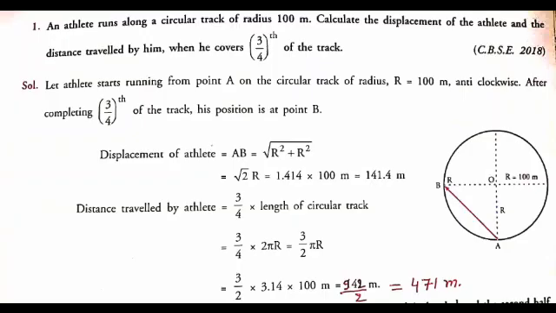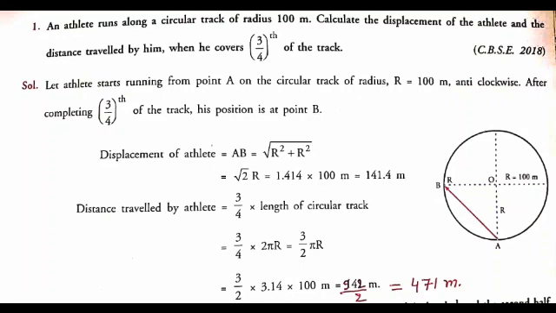Moving towards the third numerical. Here in this, an athlete runs along a circular track of radius 100 meter. Calculate the displacement of the athlete and the distance traveled by him when he covers 3/4 of the track. Observe the figure here.